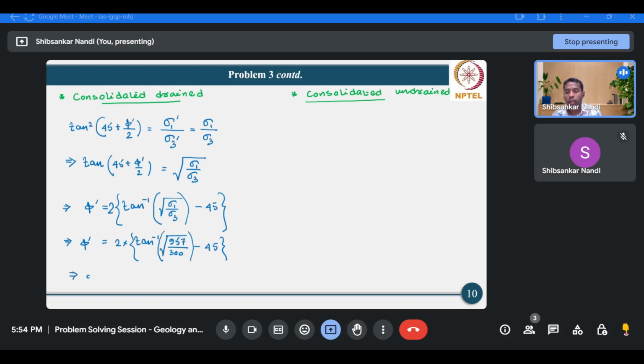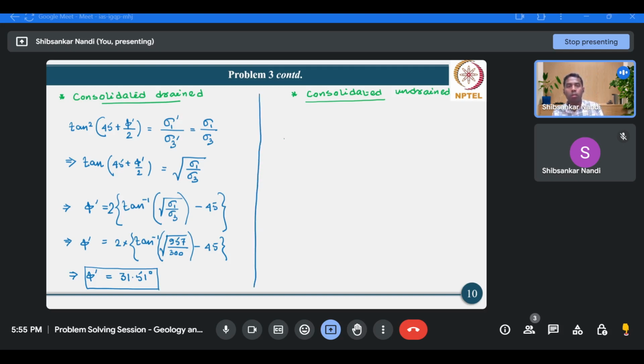If we calculate, then phi prime would be 31.51 degrees. So this value is obtained from the consolidated drained test.